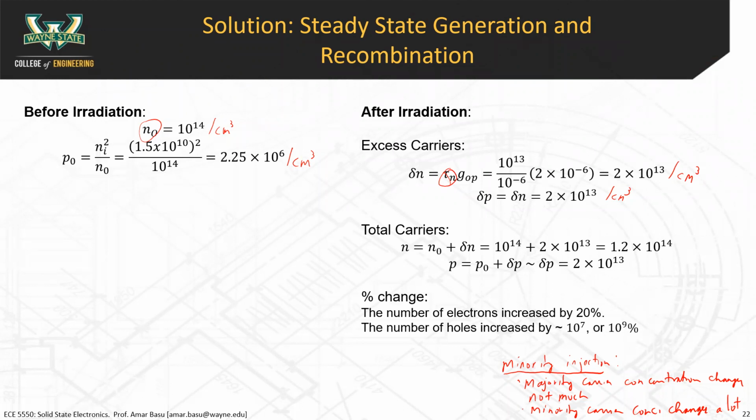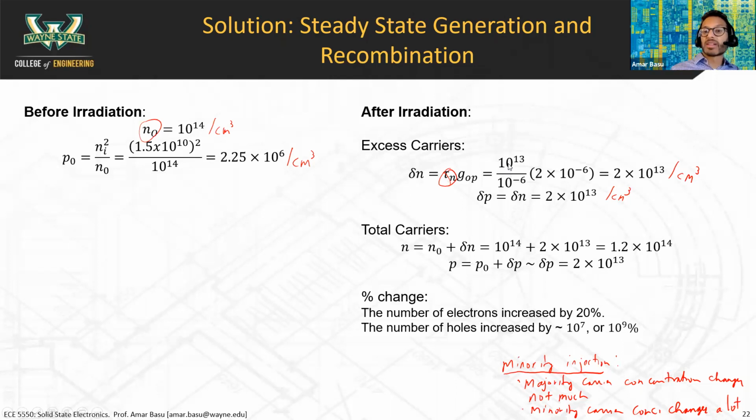So let's take an example where the generation rate, instead of 10 to the 13th, was 10 to the 15th. All of the excess carrier concentrations are going to go up by 2 orders of magnitude. So this will become 2 times 10 to the 15th, and this is 2 times 10 to the 15th.